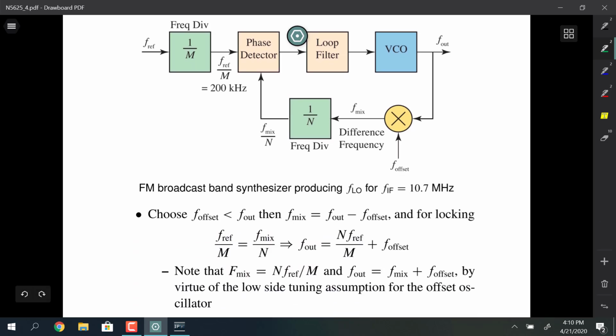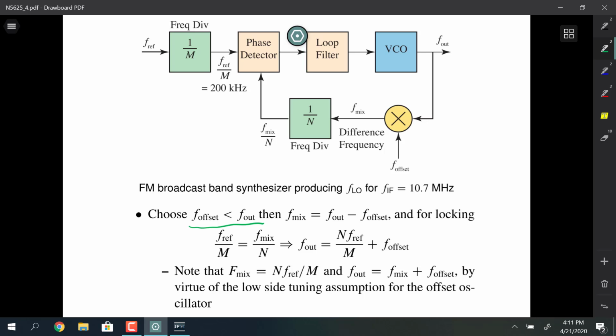So it's a matter of how you want to work through the math. In this case, I want to just create a difference frequency, so I picked F offset less than F out, and that's a fixed frequency oscillator.